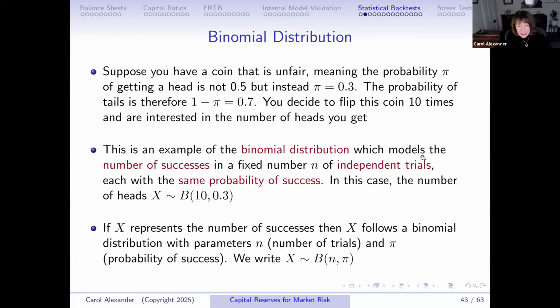More generally, we would say x has the distribution B(n, pi). N is the number of trials, and in backtests, the n would be the number of days that you do the backtests for, and pi is the probability of success, and in the backtests, it will be alpha, the quantile level for the risk model.